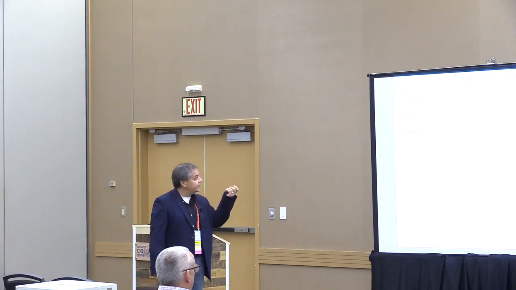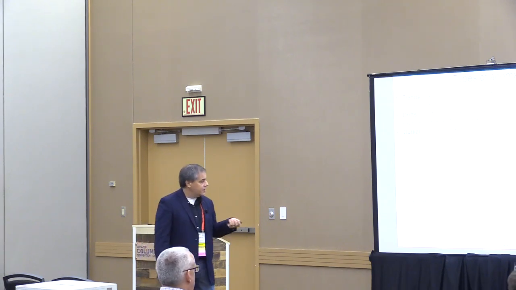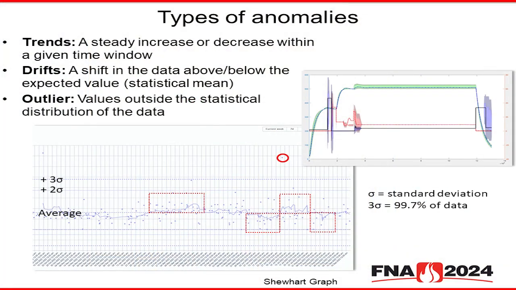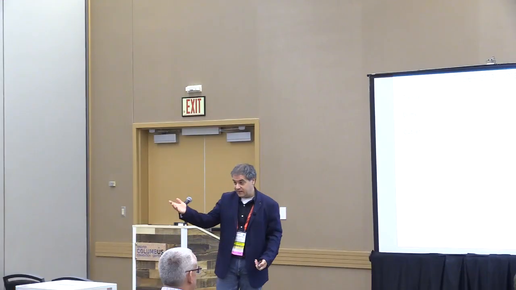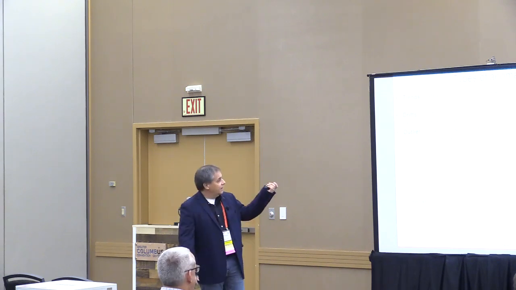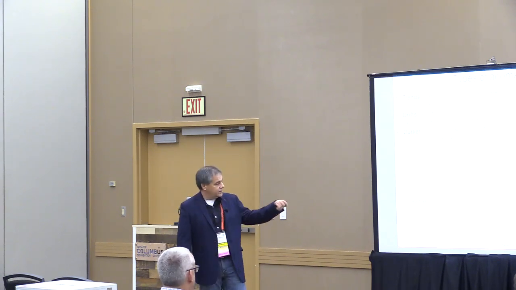But it's also looking at trends, right? So if my data is mostly going away from 0, whether in the positive or in the negative, then that's a trend saying you're not out of band yet, but you seem to be going that way. A drift is when we just kind of jumped.